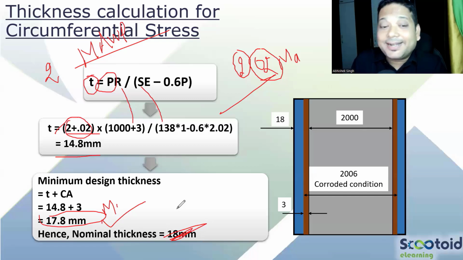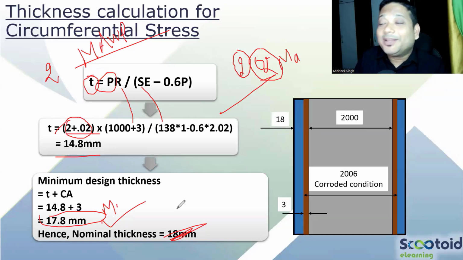So can I say that 2 MPa is the MAWP? Yes. Now are you able to relate? MAWP is not different than design pressure. MAWP is exactly the same as design pressure.